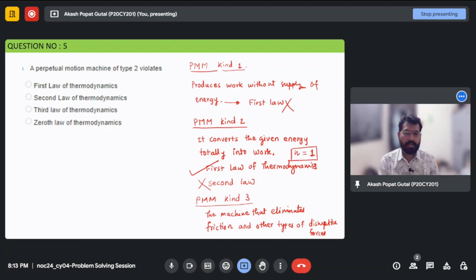It happens in general kinds of machines. The friction inside your machine can't be eliminated. It is always there. You can reduce it, but you can't eliminate it entirely. So this is the PMM of kind 3. These three kinds of perpetual motion machines are there. This question is asking about type 2, and type 2 violates the second law of thermodynamics.